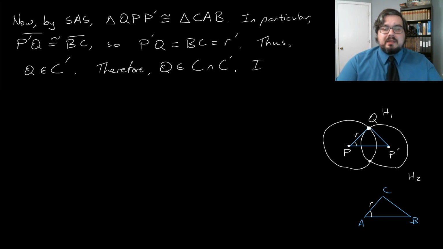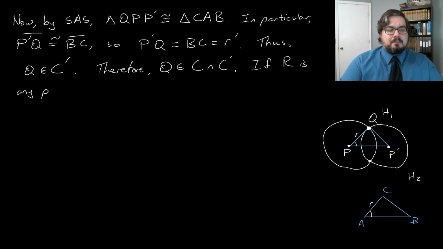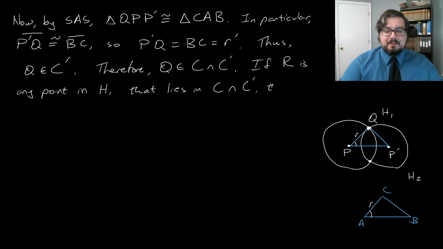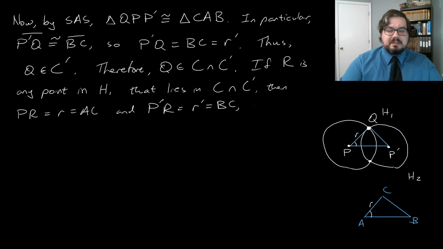Now, if R is any point in H1 that lies in C and C prime at the same time, then we would have that PR, the distance from P to R, is equal to R, which is equal to AC, and the distance from P prime to R would be equal to little r prime, which is equal to BC.